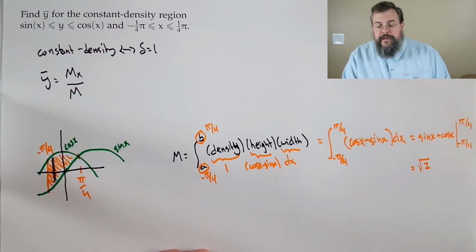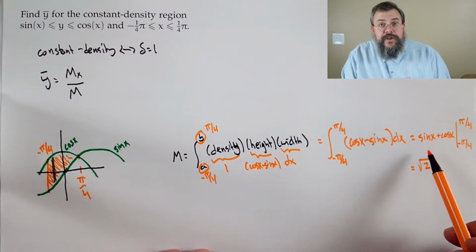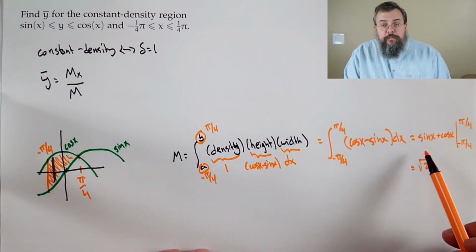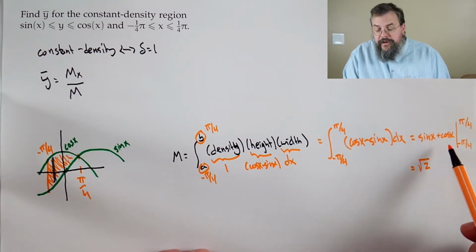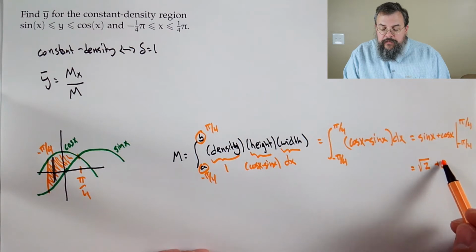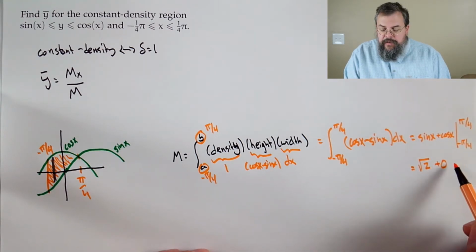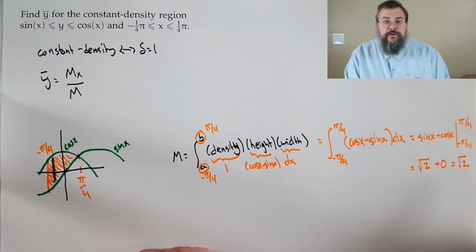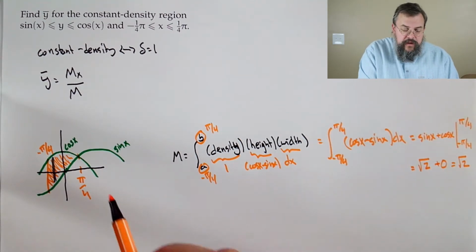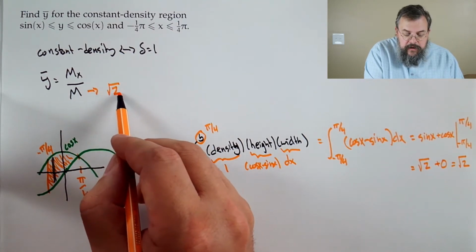If you plug in minus pi over 4, well, sine is an odd function, so you'll end up with minus root 2 over 2. Cosine is an even function. You still have positive root 2 over 2, which means they cancel. So we get root 2 plus 0. I really should have said root 2 minus 0, but the moral is root 2. So there's our mass. So that's our denominator.